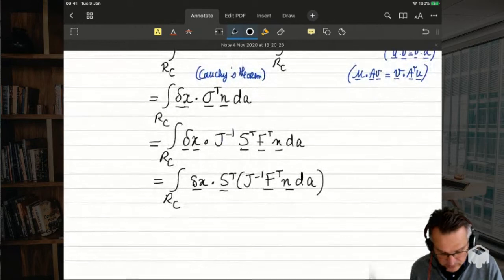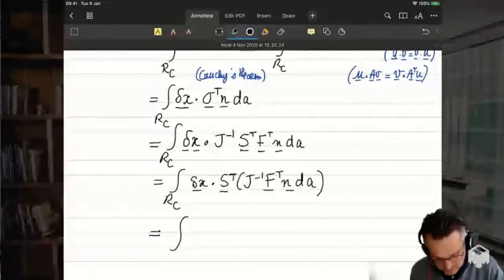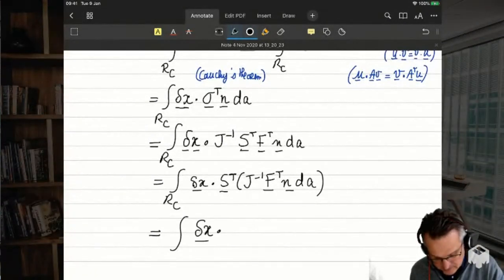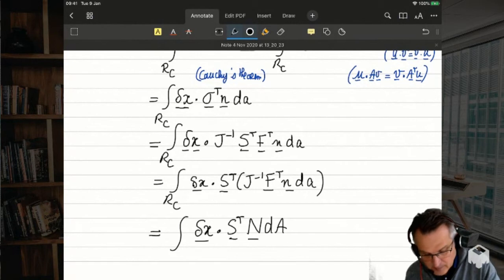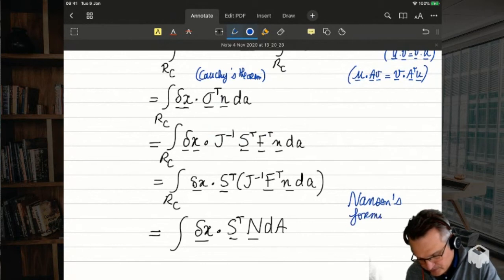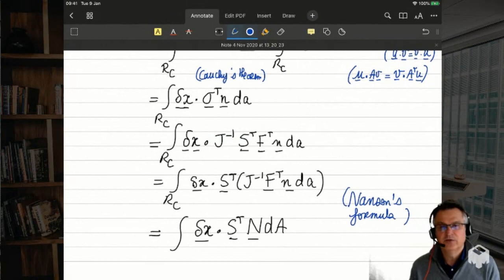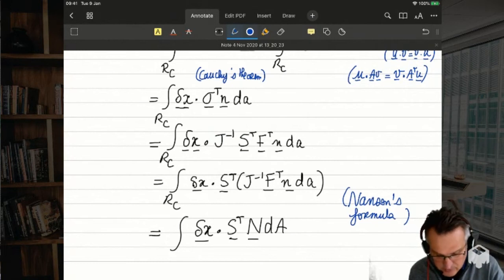And so I can go on now and write this as delta X S^T and dA. Nanson's formula, remember, is that formula that links surface elements from the reference to the current configuration and vice versa. Ah, that was nice.